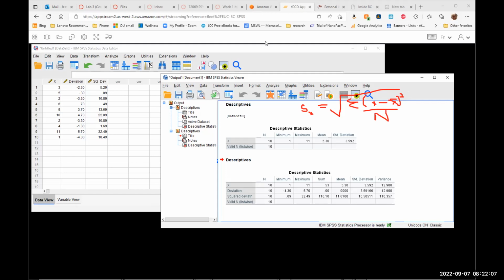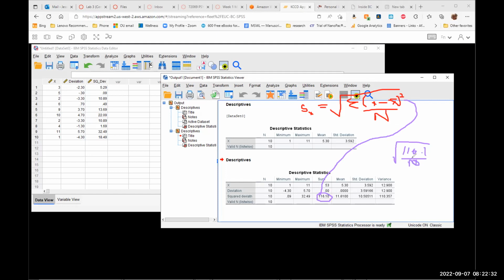So the sum of squares is right here. All right, so we go square root of 116.1 over N, which is 10. Oops, that's supposed to be 10 at the bottom. And here is when we have to get out our calculators.